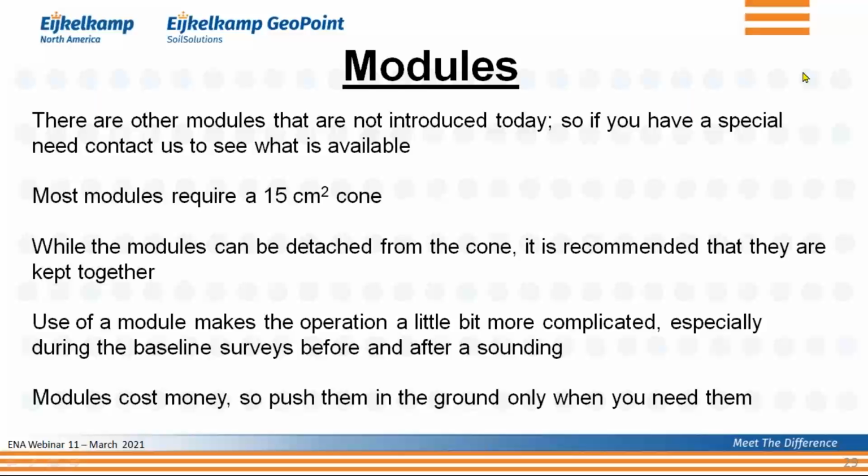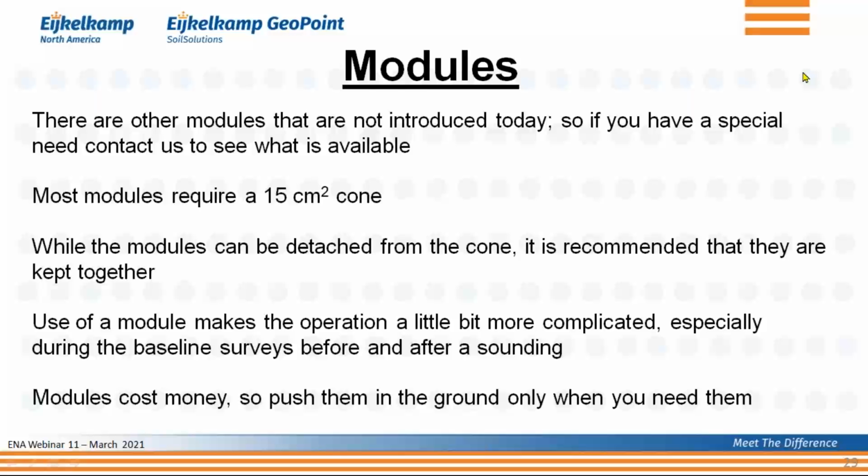One thing that I often hear people say is, okay, Gerald, it's great, I just buy a whole array of modules and then I just connect it to my cone whenever I need one. Yes, that can be done, but it's not recommended. The connection between the module and the cone is generally a little bit more sensitive. It may be some more sensitive wiring.